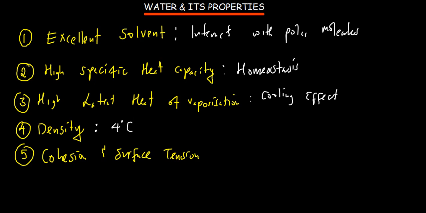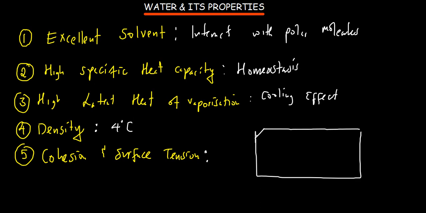Every time one water molecule is moving, it attracts other water molecules. There is no way I've seen one water molecule moving alone. No. Every time a water molecule is moving, it will move with other water molecules. This property is important for surface tension. When you look at a river or any pool of water, what you are going to see is that water molecules on top form more like a glass.